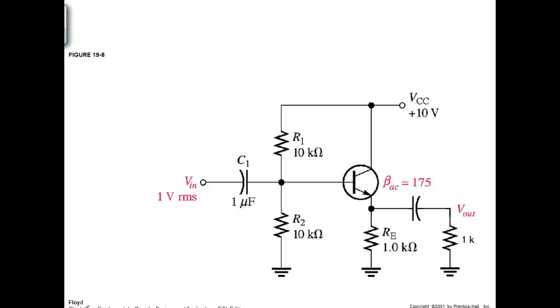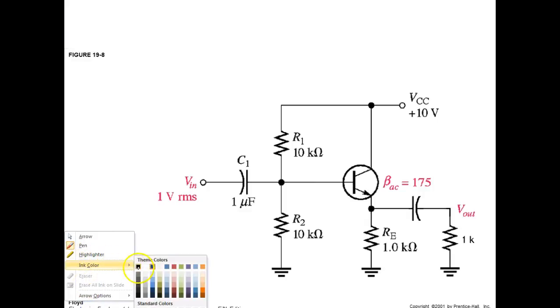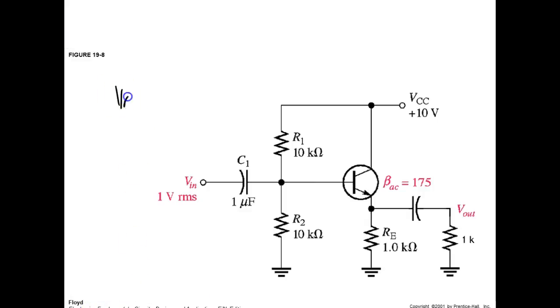We could probably do this in our head. Voltage divider formula. VB would be equal to 10K over 20K. We can mark the K out. Why can we mark the K out? It's on top and bottom. Times 10 volts. So this is going to be sitting at 5 volts.